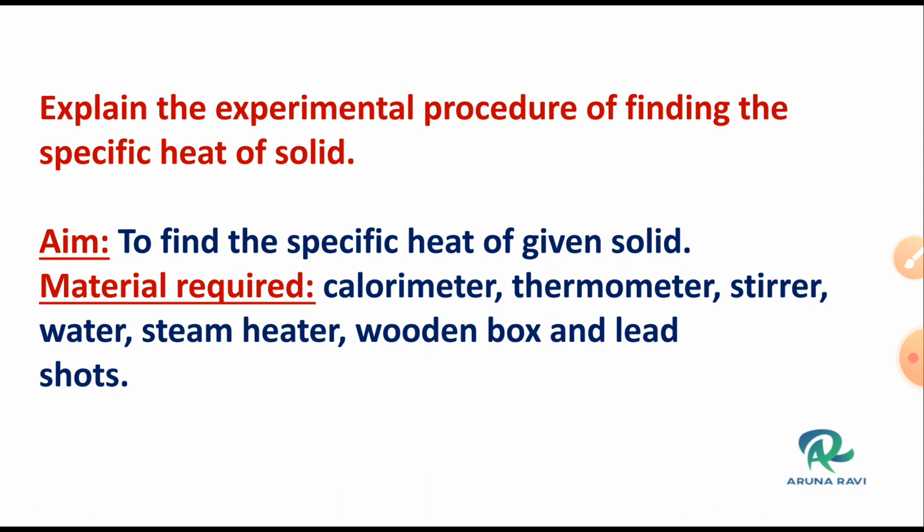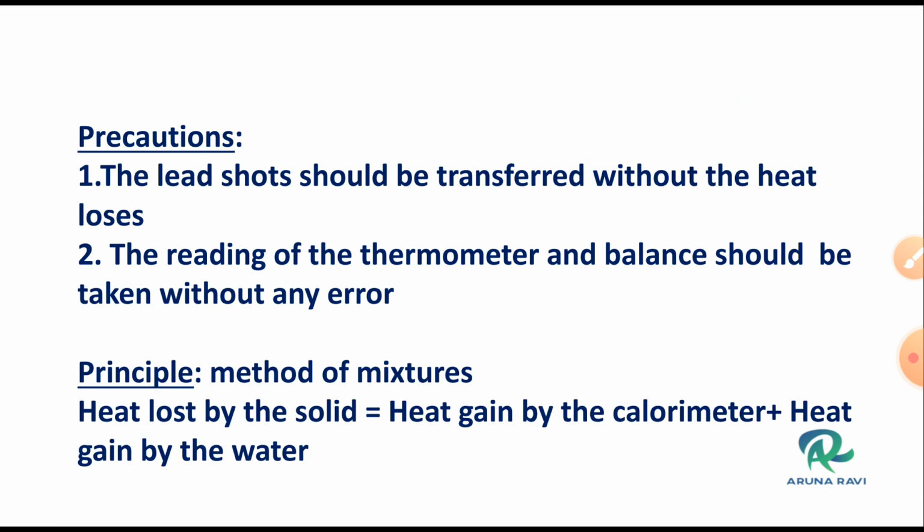Here the aim is to find the specific heat of a solid, and the material required: calorimeter, thermometer, stirrer, water, steam heater, wooden box and lead shots. Here, the solid I am taking as lead shots. If they give an iron bolt, you have to write iron bolt like that. Precautions: the lead shot should be transferred without heat loss.